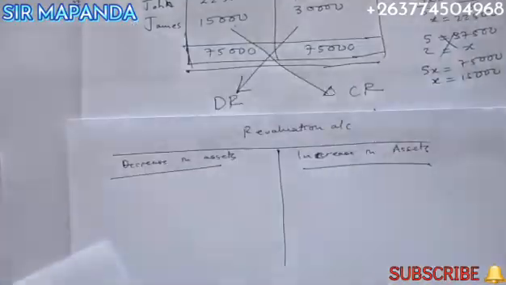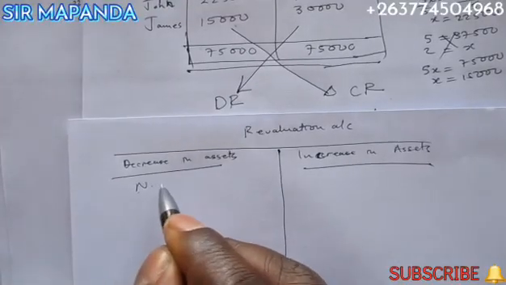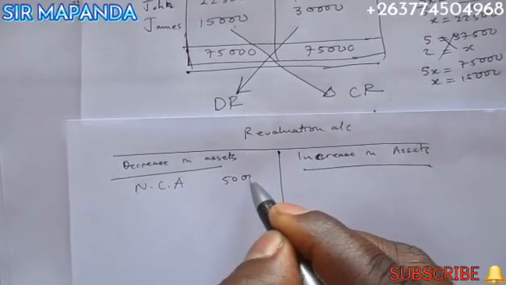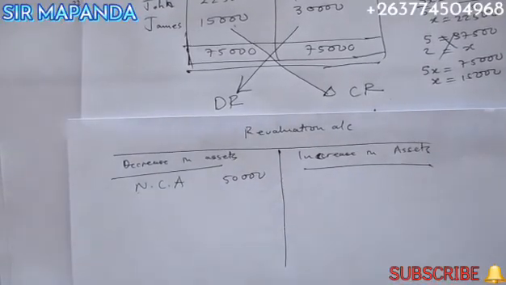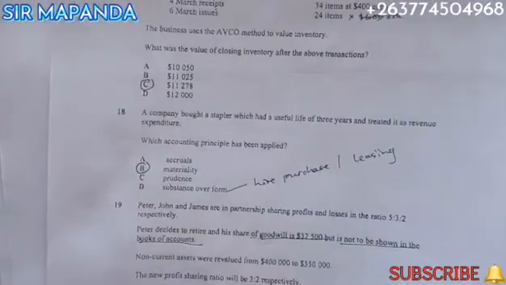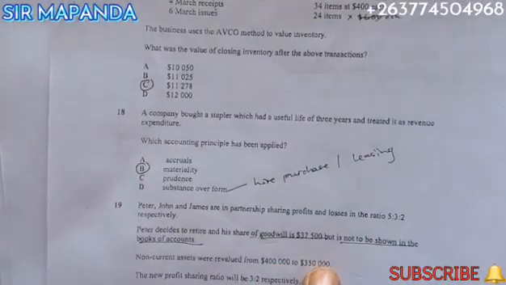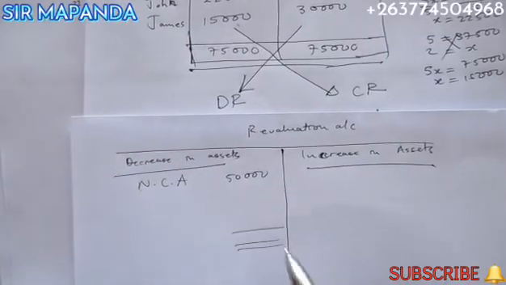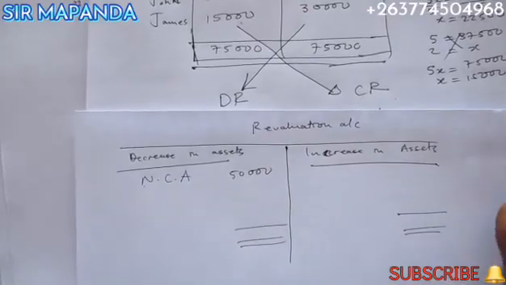So I'm going to place the non-current assets on the debit side where decrease in assets are recorded. Then you place the difference between the old balance sheet value of 400 and the revalued amount of 350. I hope you are following. So this means the balancing figure is going to come on the credit side.